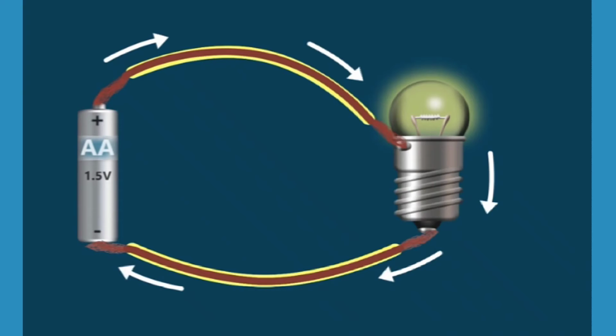For example, here we have the battery and the bulb. Inside here, the brown one is the copper wire. Copper wire is a conductor of electricity because it allows the electric current to flow through it.